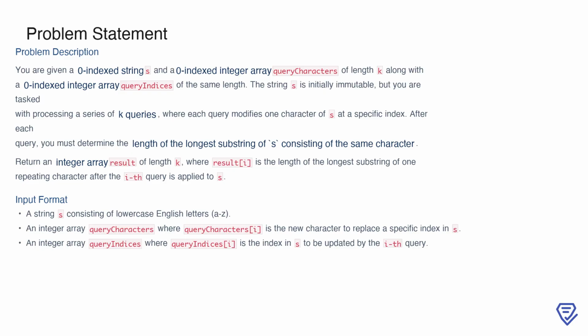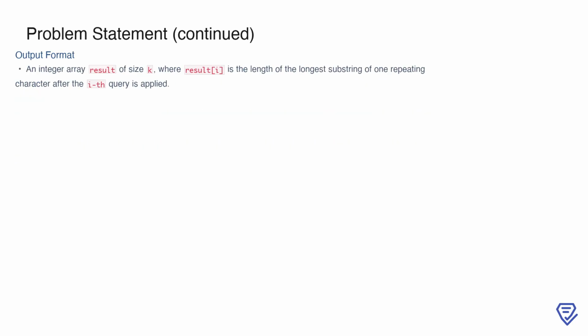After each query, you need to calculate and return the length of the longest substring within s that consists of the same repeating character. The final output is an integer array result, where each element corresponds to the result for one query. Essentially, each query modifies the string, and you must determine the longest contiguous sequence of identical characters after applying the change.